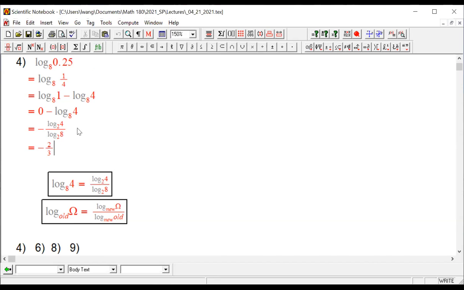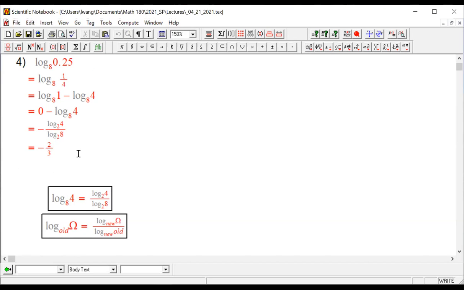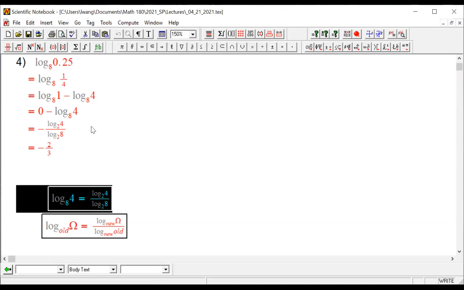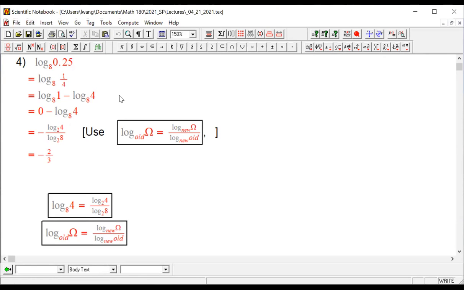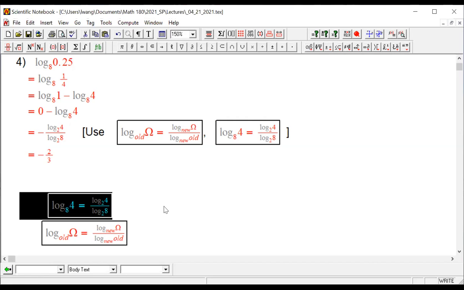Okay, I'm going to put a little note here: use change of base, with the new base 2.